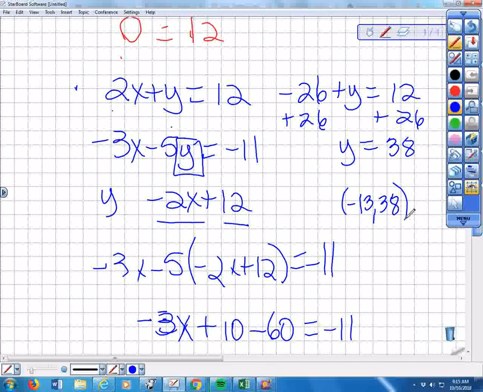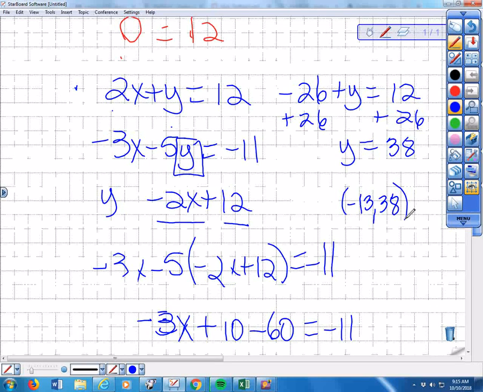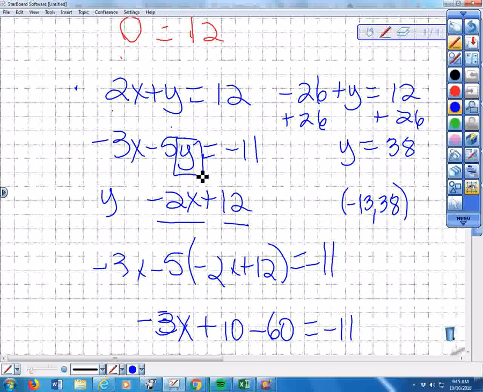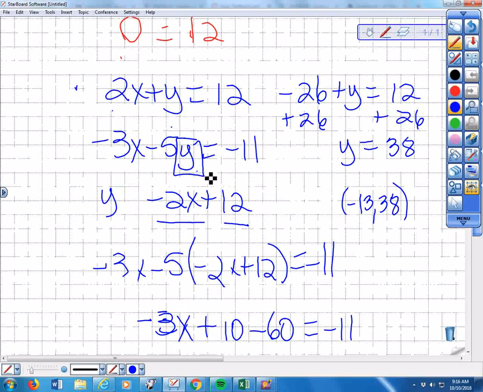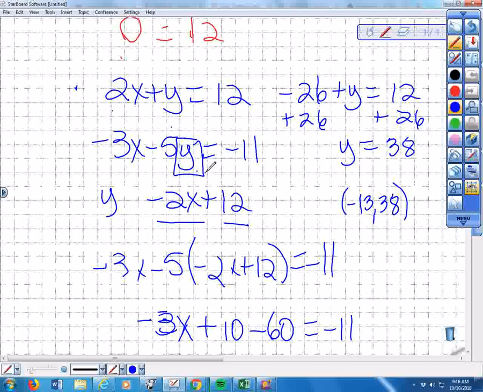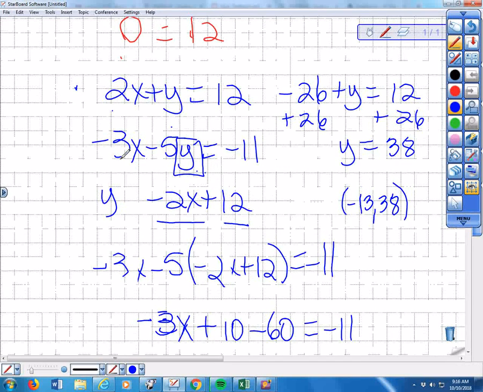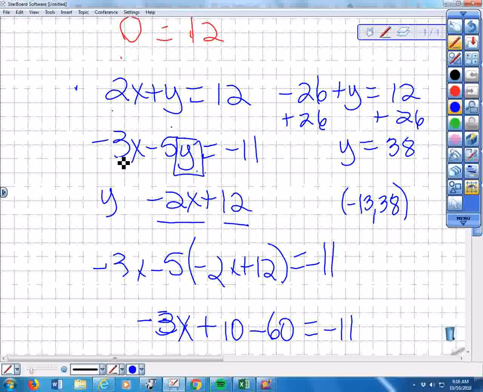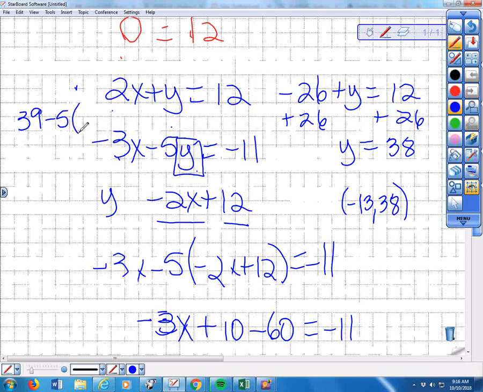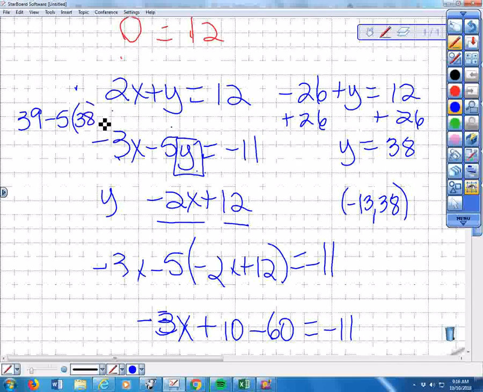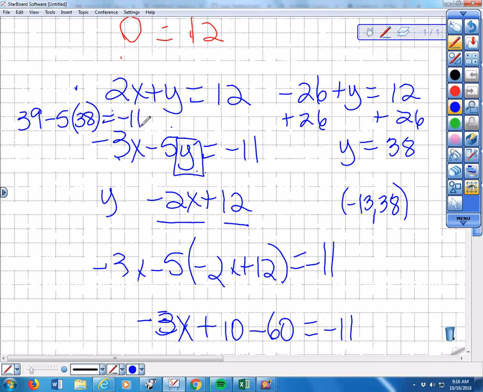Okay, how could I check it? Yeah, plug it in. I'm going to pick this one, plug in my answer, and see if it's true. Because if it's true, that point should satisfy both of these equations, because that's where these two equations intersect. So if I put in negative 13 times negative 3 is 39, minus 5 times 38, something doesn't seem right, equals negative 11.